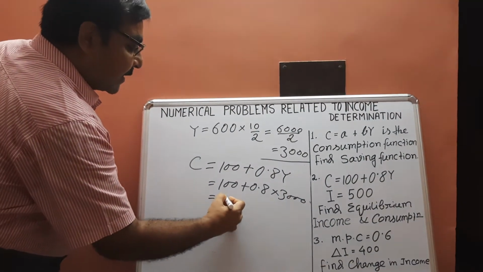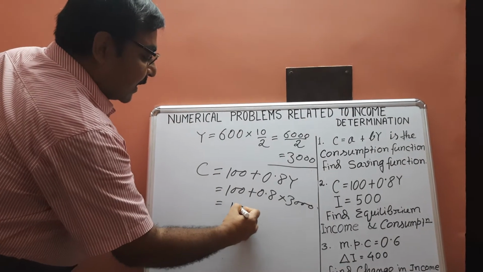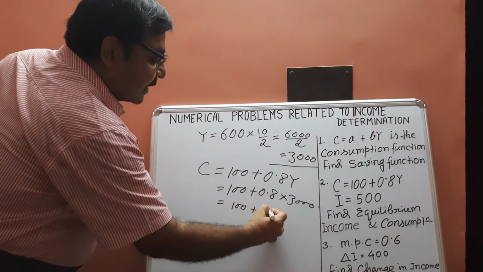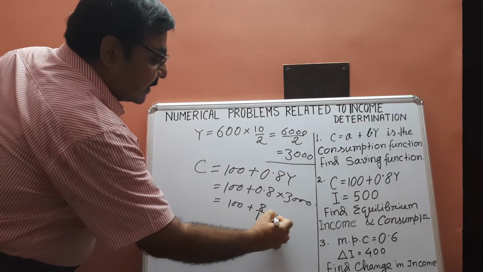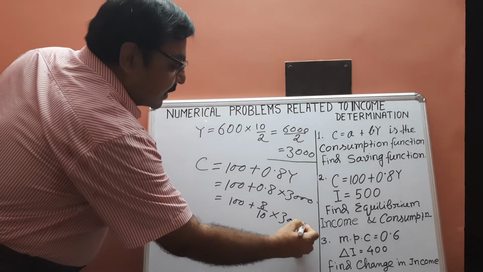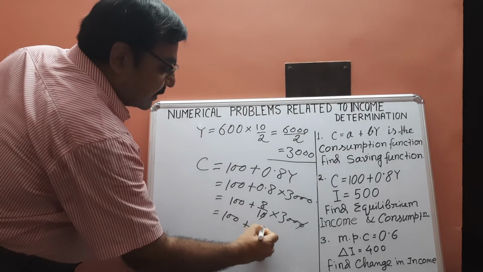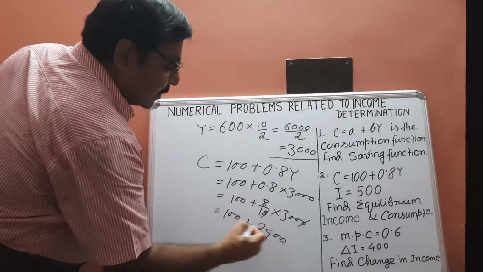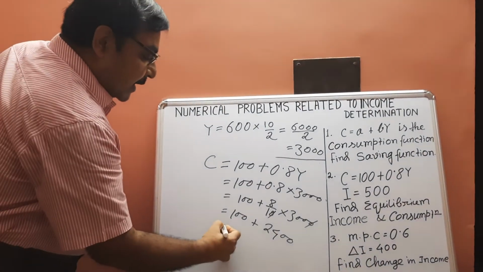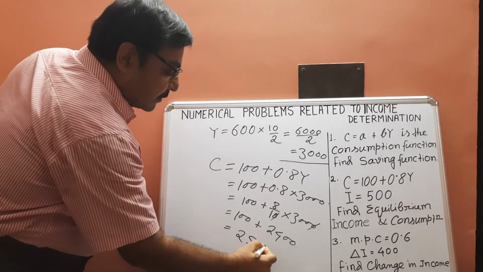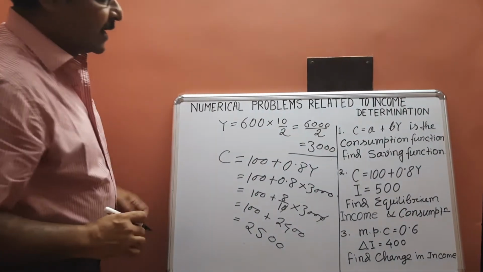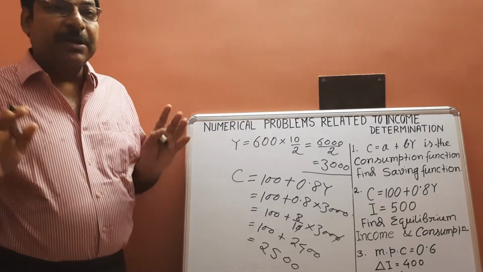What is it becoming here? 100 plus 8 by 10 into 3000. 100 plus 2400, that means 2500 is equilibrium consumption. So we got the answer.